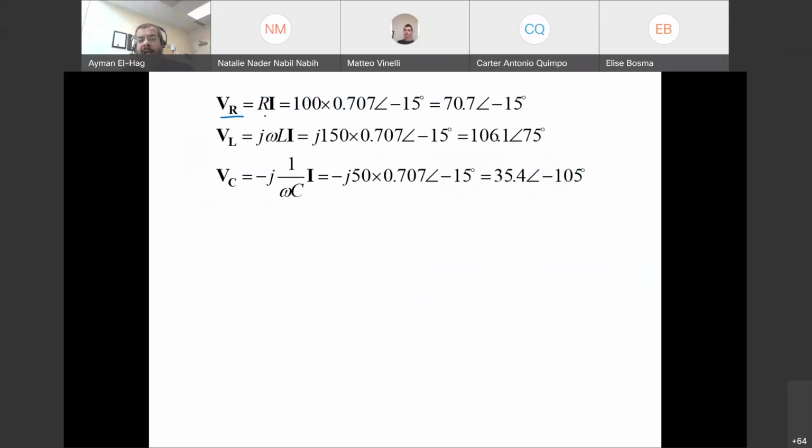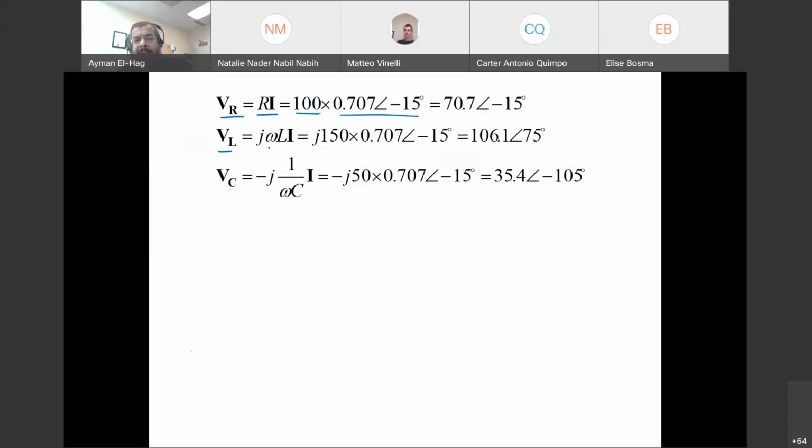So VR is R times I, R itself is 100, so 100 times the current. Now we multiply everything in phasor. Since this is a scalar multiplication with a vector, we just multiply the magnitude. Nothing will happen to the angle, it stays the same.